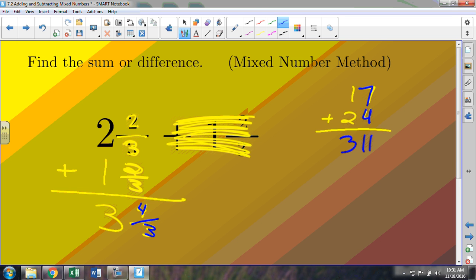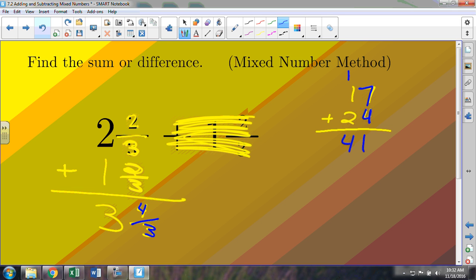In particular, when you get to that 11, you would put the 1 down, then you had to carry over to the next position. 1 plus 1 plus 2 would give you 4, and so you had your correct answer of 41. The same way that you had to learn how to carry over with whole numbers, if you're going to take this mixed number method, you have to learn how to carry over with fractions.